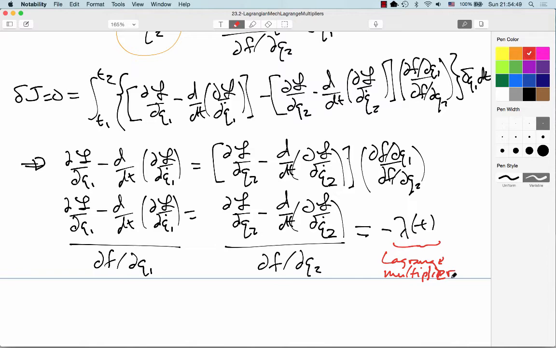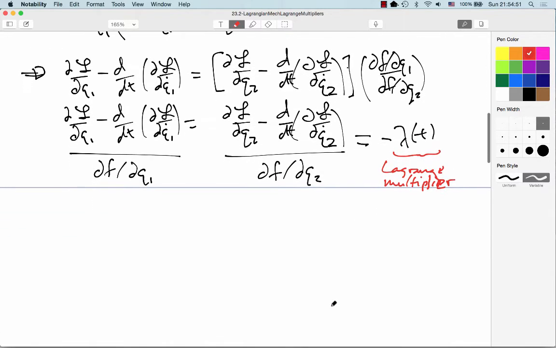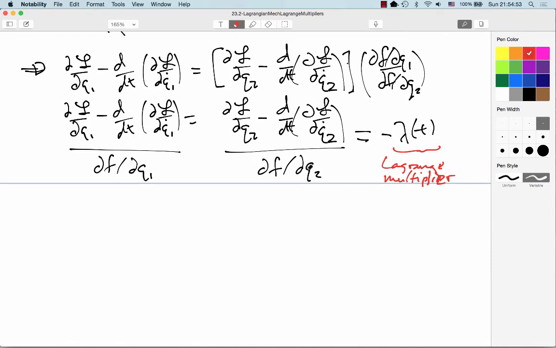All right. So the reason why we do it that way is that then I can rewrite my Lagrange equations.